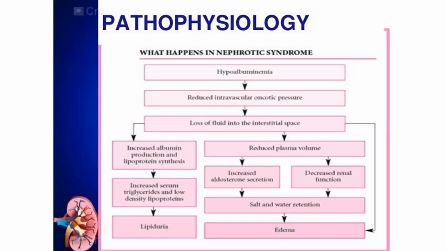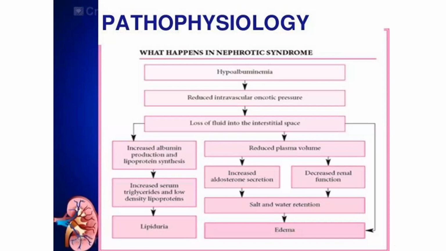Hypoalbuminemia leading to reduced intravascular oncotic pressure, loss of fluid into the interstitial space, and when there is a loss of fluid into the interstitial space, increased albumin production शुरू हो जाती है.